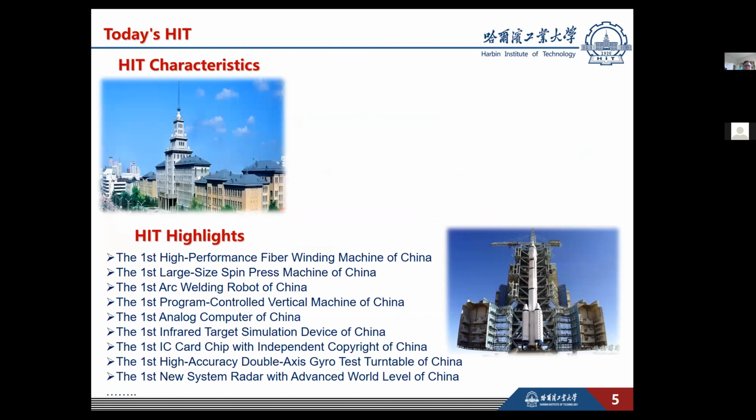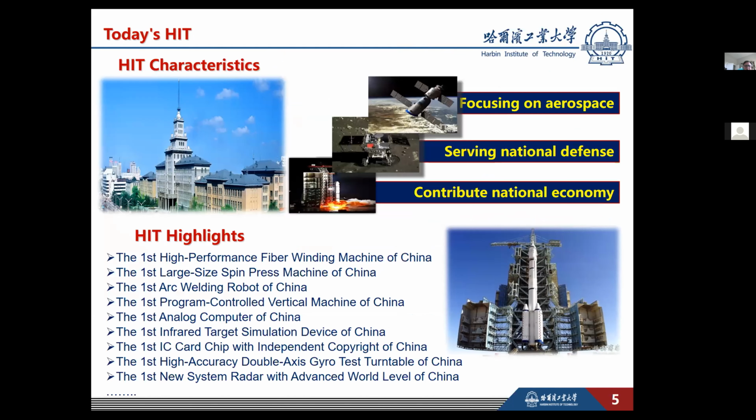HIT is well known for space engineering, and quite a few firsts of China were born here. Generally, our university is committed to focus on the aerospace industry, serve in national defense, and contribute to the national economy.